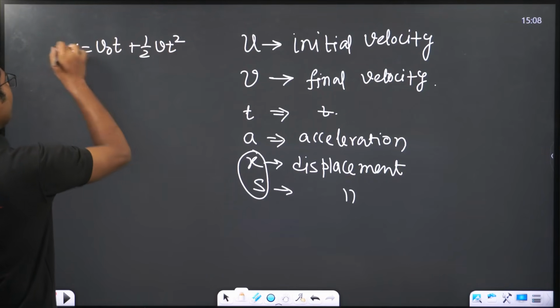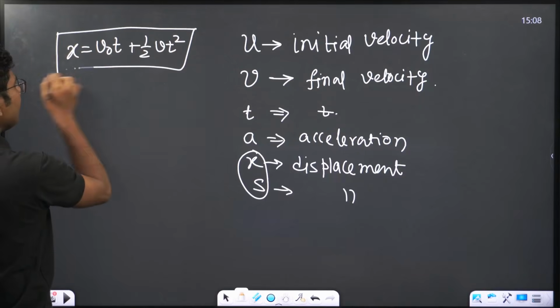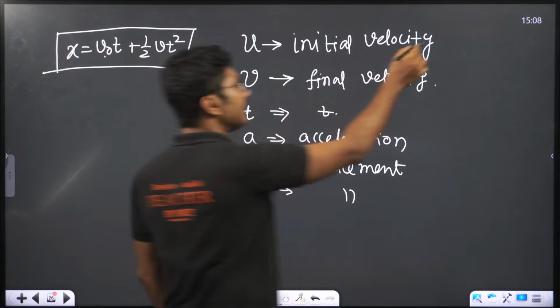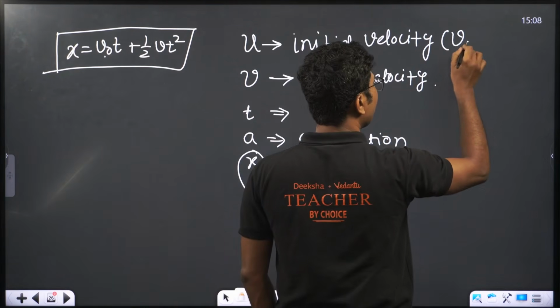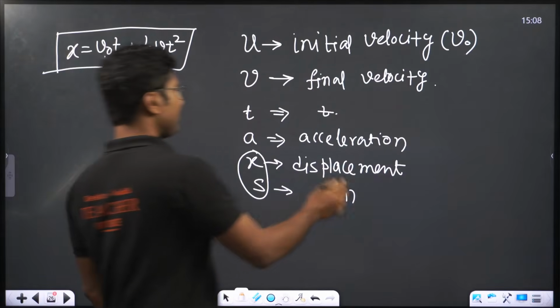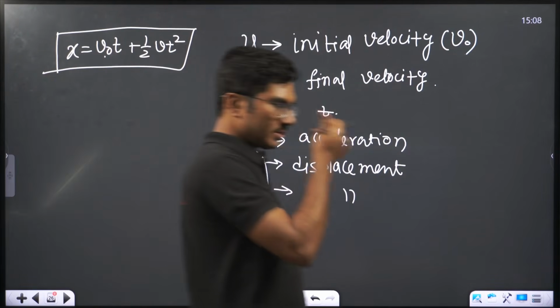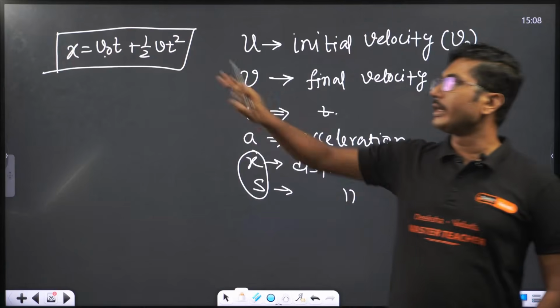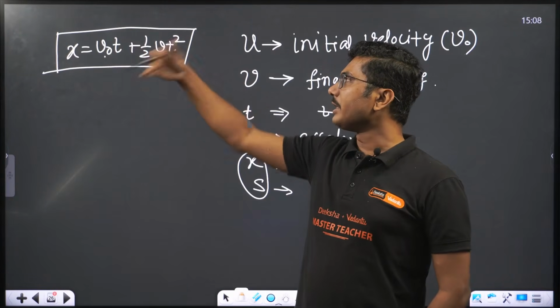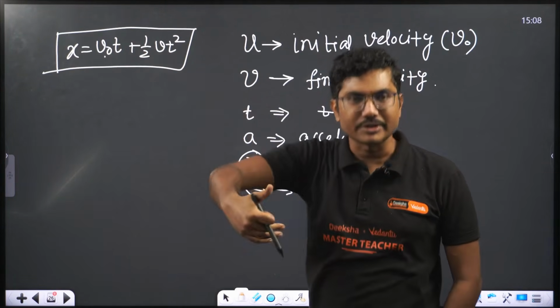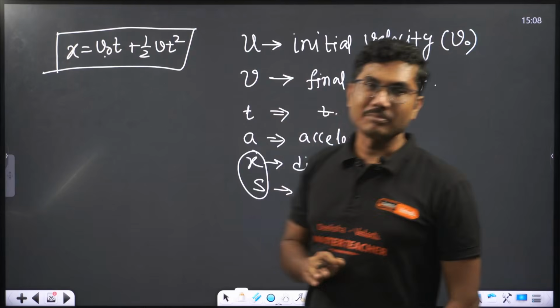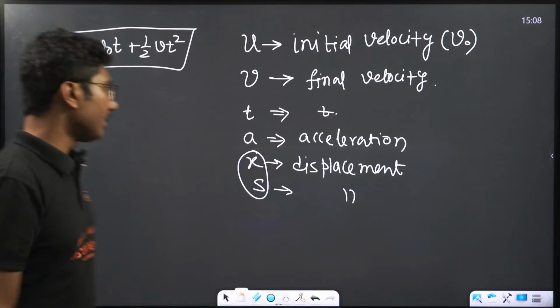So do not have any surprise. Basically, initial velocity can also be denoted by the symbol v naught, and as I mentioned, displacement x and s both can be used. Just make sure if the question has v naught t plus half a t square, then you have to use the symbol v naught, not the symbol u.